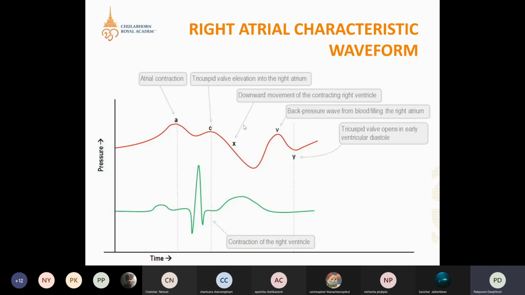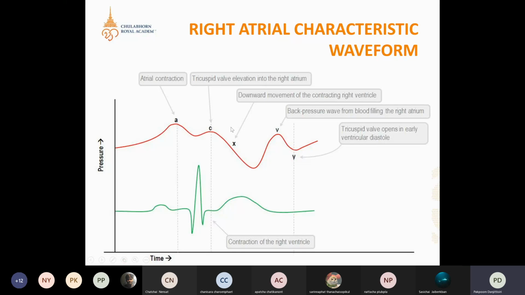Okay, and after the pressure in the ventricle increases for a while, the blood inside the ventricle will be ejected into the aorta or into the pulmonary artery.